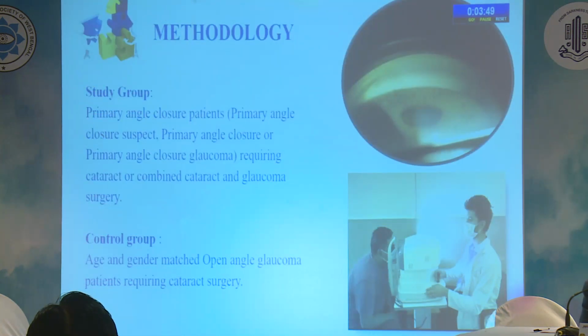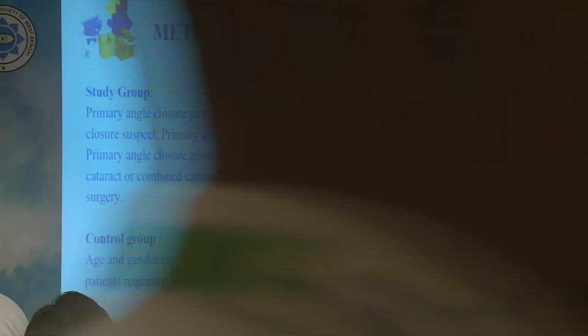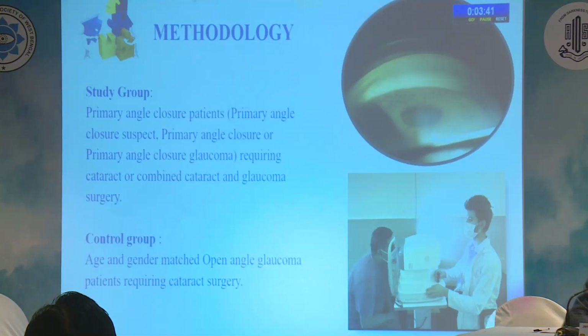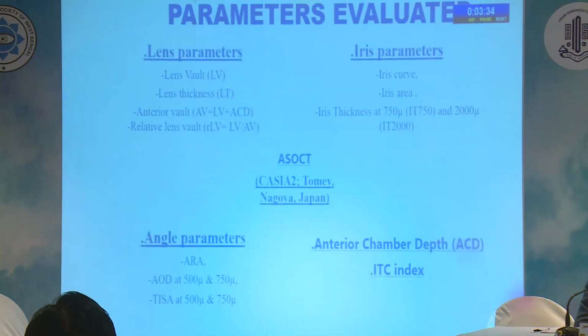Our study group included patients with primary angle closure glaucoma at any stage, that is PACS, PAC or PACG. The control group included age and gender matched open angle glaucoma patients who were undergoing cataract surgery. The parameters evaluated in our study were the following. We did ASOCT by the KCR2 machine, which is a type of swept source OCT.